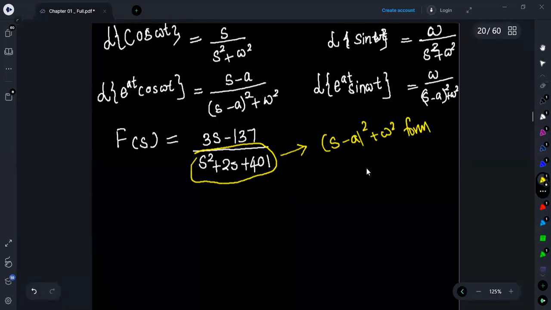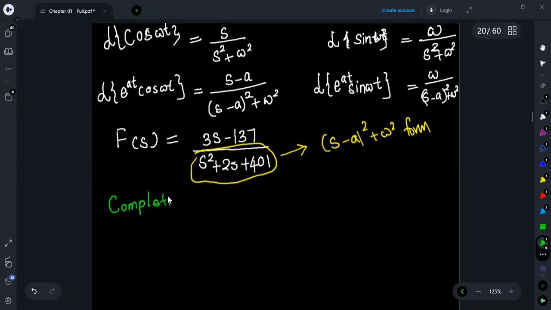So let's see how to convert this type of quadratic polynomial into this form. We call this technique completing the perfect square method.